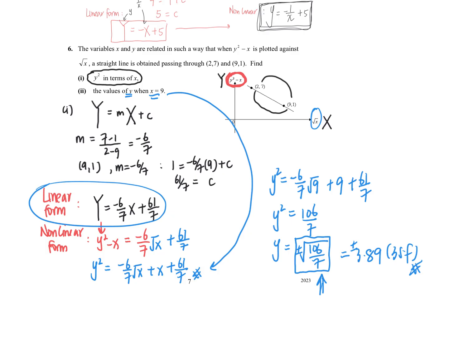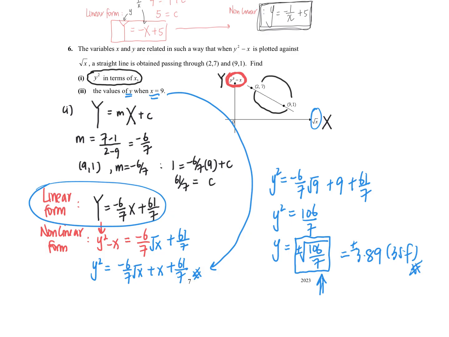Let's look at the theory one and the actual graph. So plus or minus 3.89, or you give me the surd. This one cannot simplify anymore.